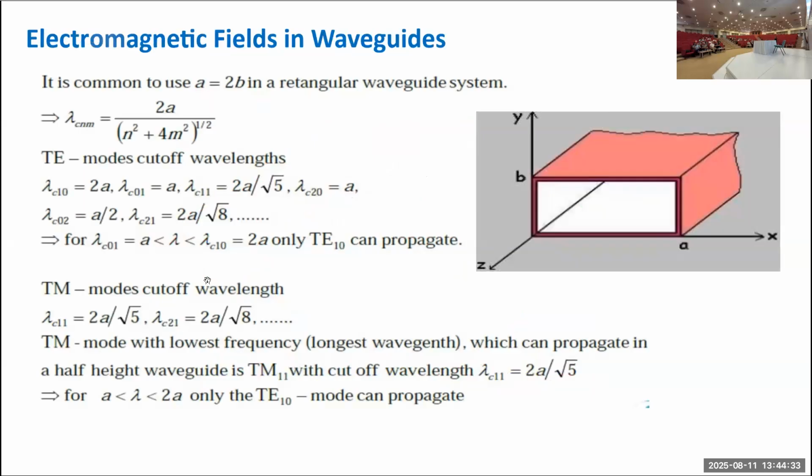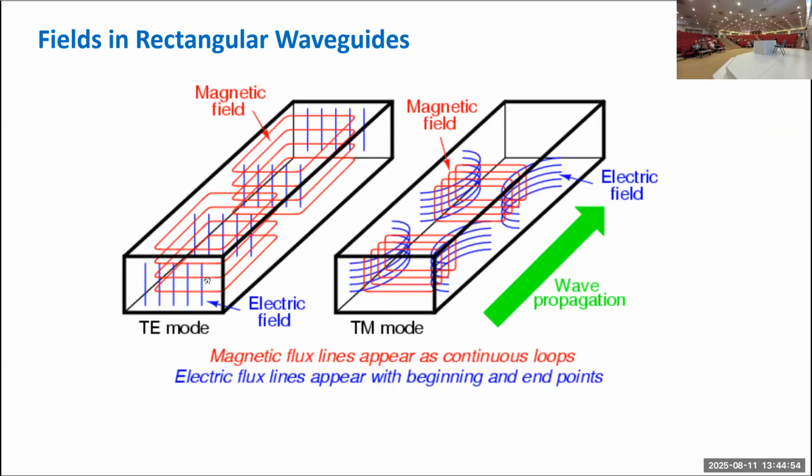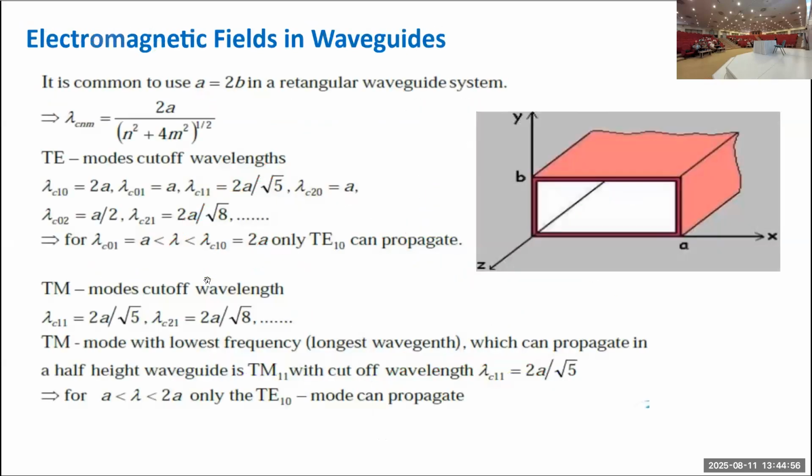So generally, waveguides are made such that the longer side is double the shorter side. If we apply this condition to our previous equation, where I have shown you the cutoff frequency, and I'm not calculating the formula for cutoff frequency here, instead I'm calculating the cutoff wavelength for these modes.